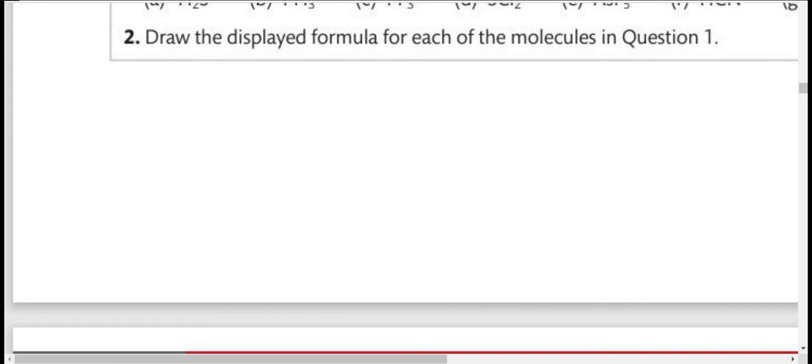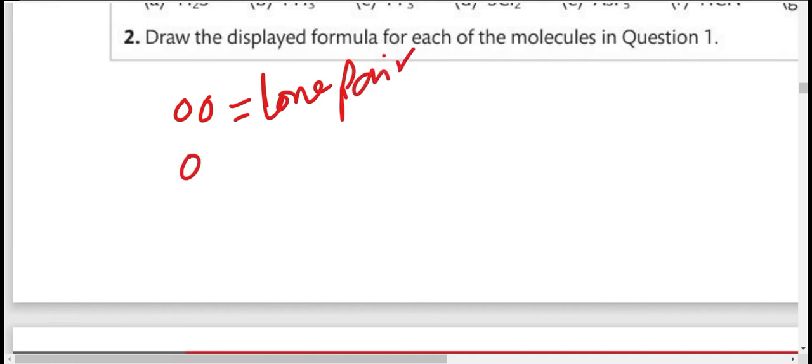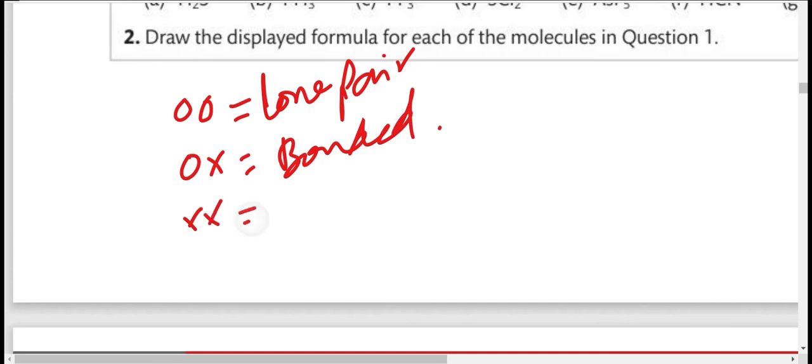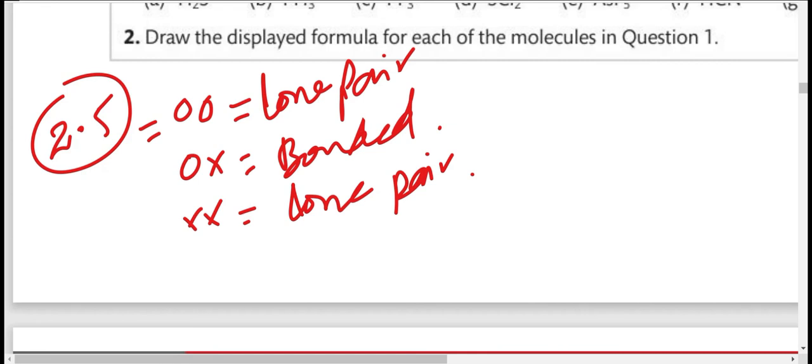Okay. So if I draw these two electrons, it's a lone pair. Dot and cross, and dot is bonded pair, and cross is also a lone pair, right? So every lone pair, if you introduce, it will lower the bond angle by 2.5.